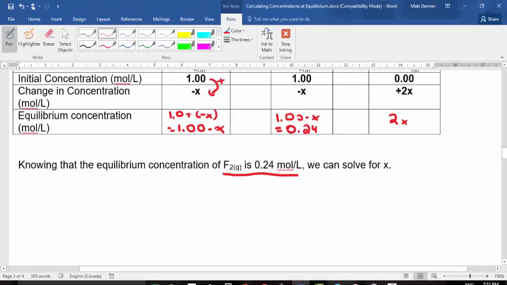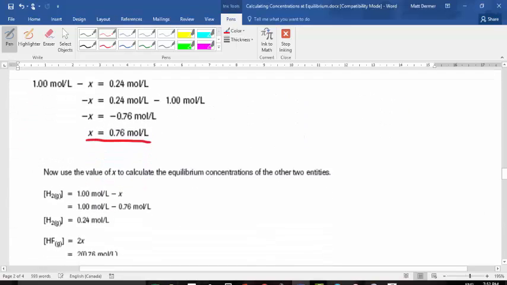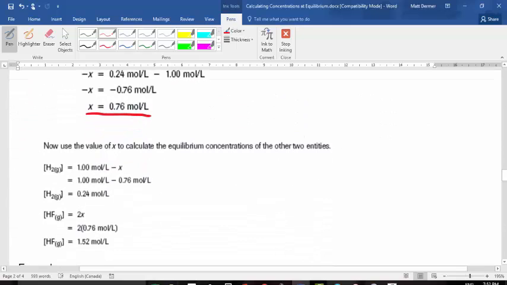So now that I know what x is, I can use that to solve for the equilibrium concentrations, which is what I'm doing here. So 1 minus x, or 1 minus 0.76, becomes 0.24, and there's no surprise that the concentration of hydrogen ends up being the same as the concentration of fluorine gas at equilibrium. And the concentration of hydrogen fluoride is 2x, or 1.52 moles per liter.